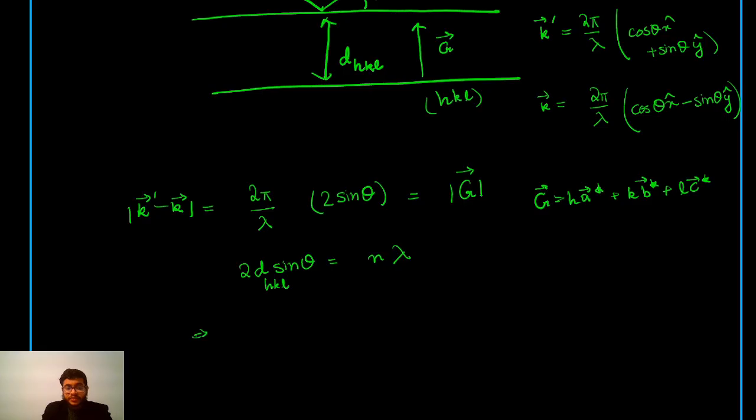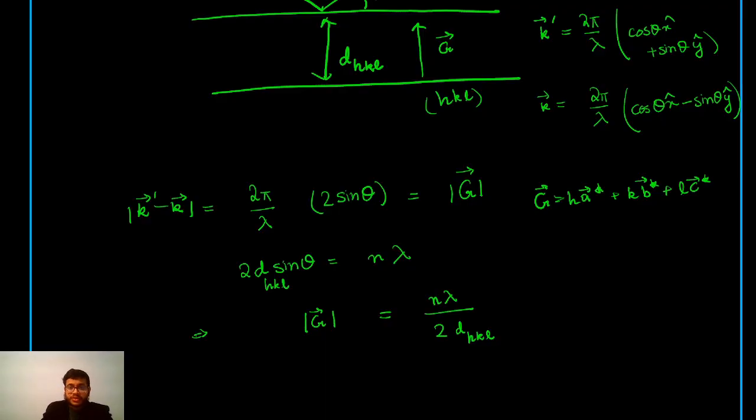Now if we compare these two equations, 2 sine theta from this equation is n lambda by 2 d_hkl, right?